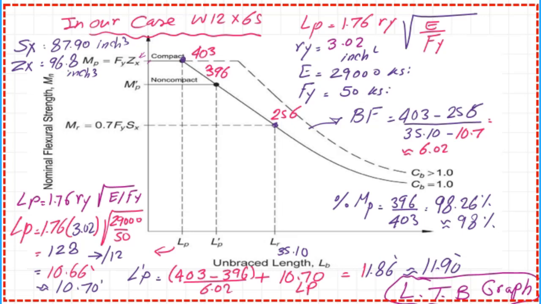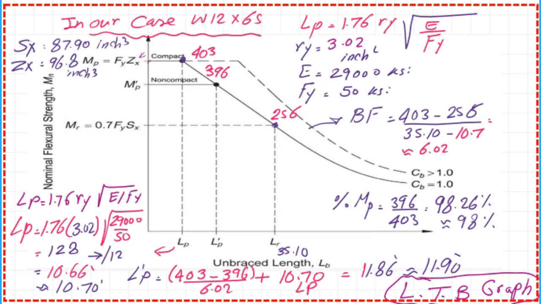It would be equal to 10.66 and can be rounded to 10.7 feet, while the L_r value equals 35.01 feet from table 3.2 or by manual calculation.